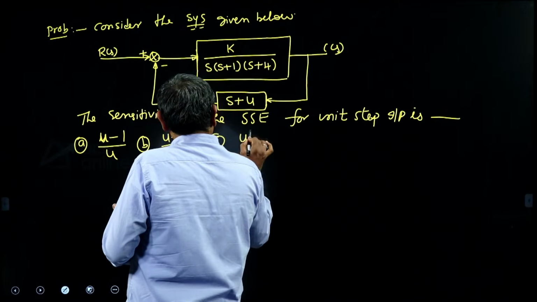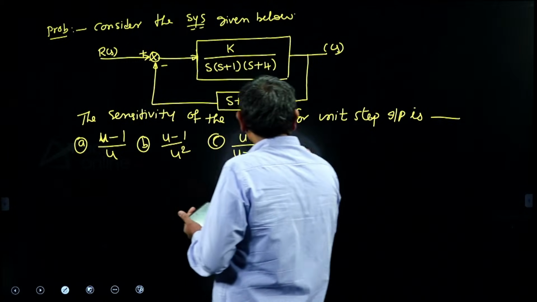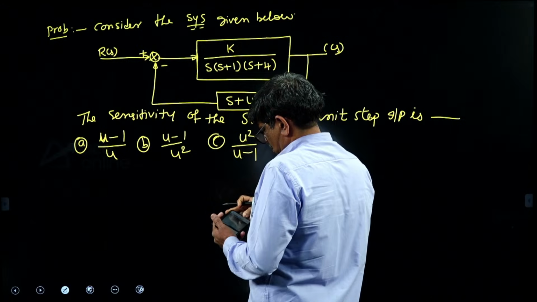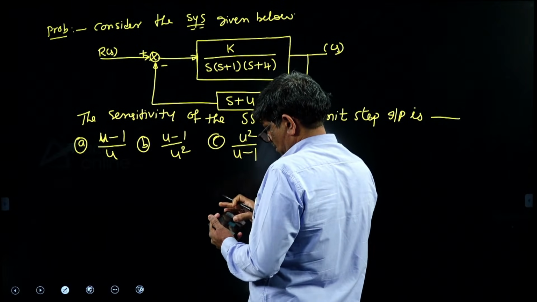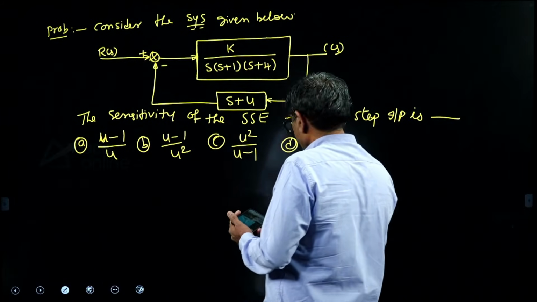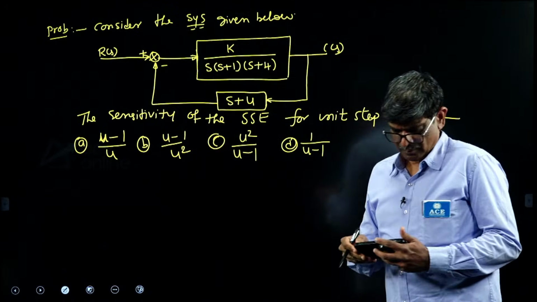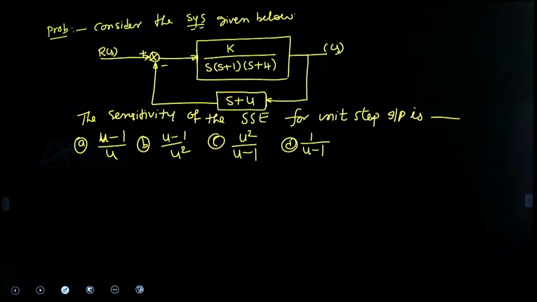C: u square minus u minus 1. D: 1 by u minus 1. Come on, do it. This is a recent ISRO question.